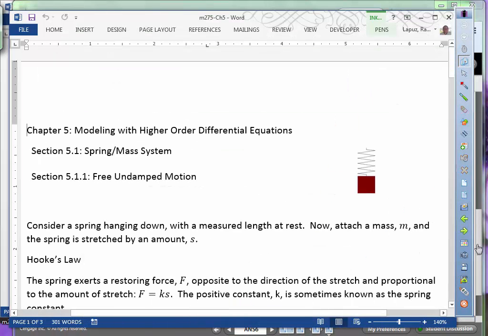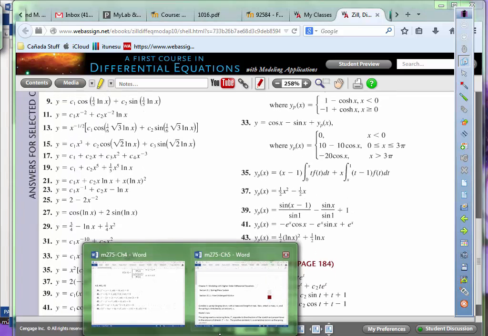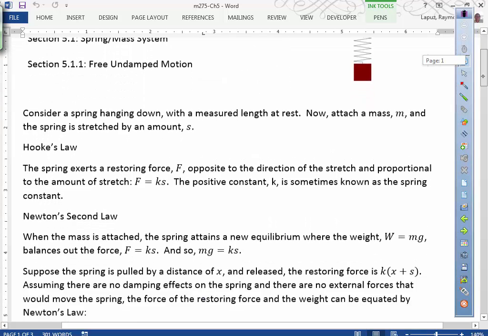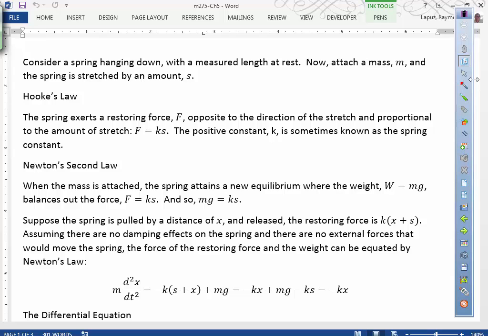So let's see, a spring hanging down. A spring hanging down, you pull the spring and you let it go, and then there's some stuff that happens to it. Okay, it oscillates.